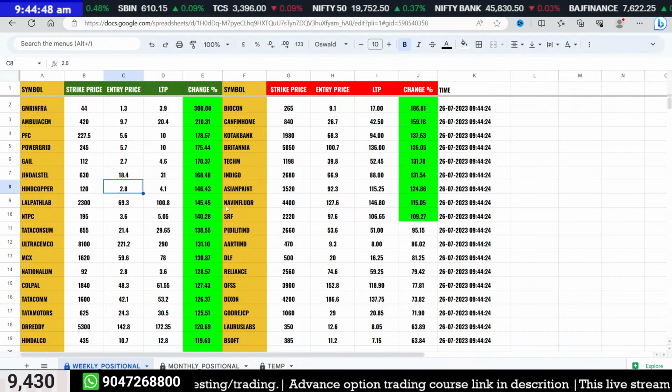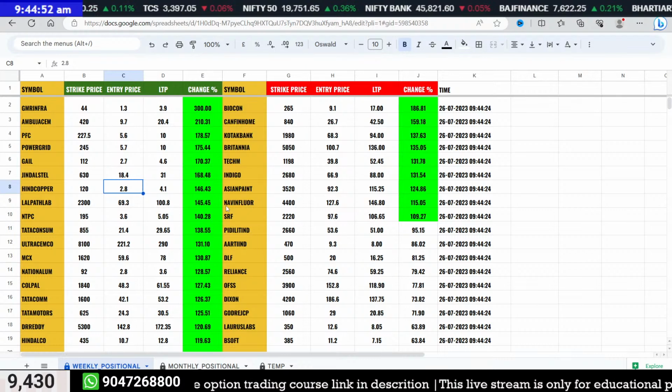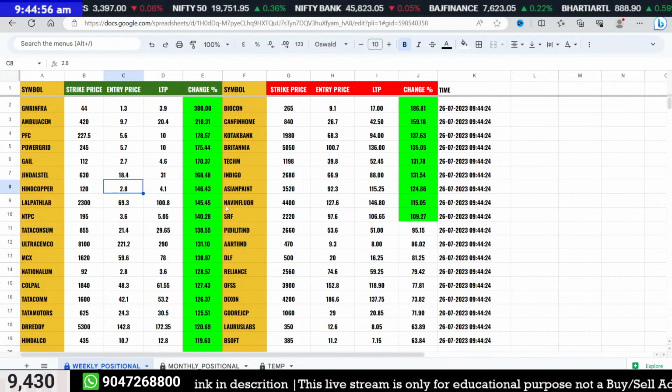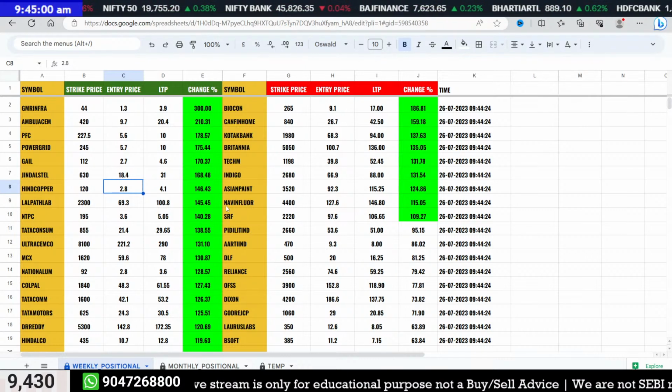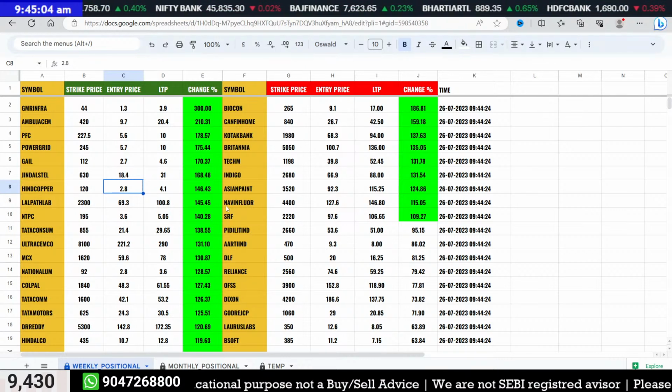GMR Infra is still non-stop, keeps on moving higher. But the lot size is around 22 plus. Hindustan Copper, Lal Path Lab, and TPC. Only quality and liquid stocks, that's good enough.